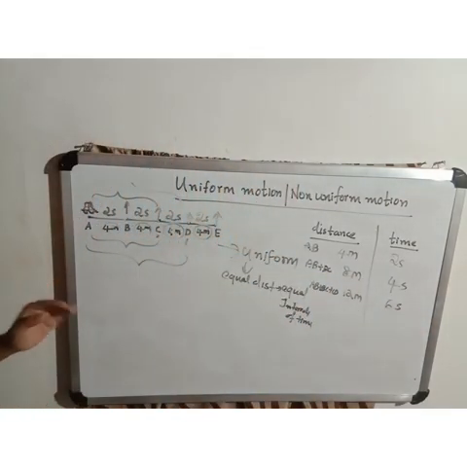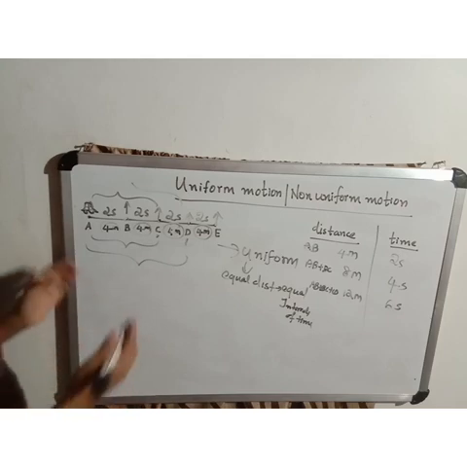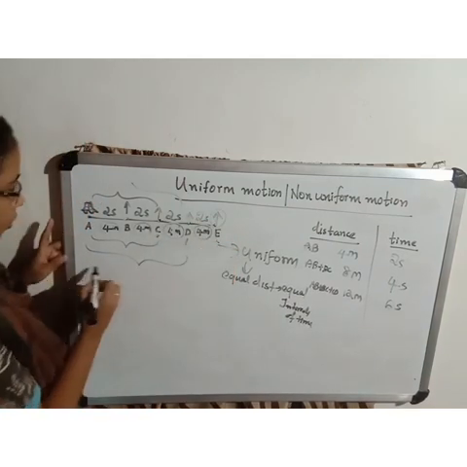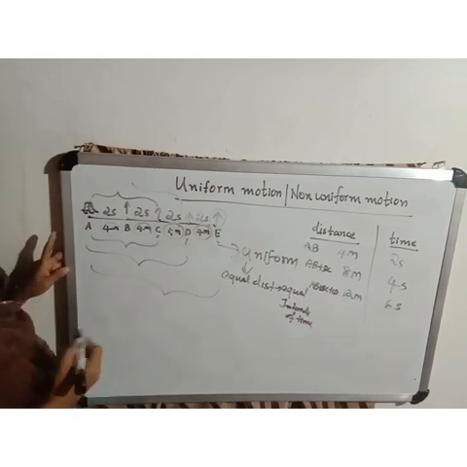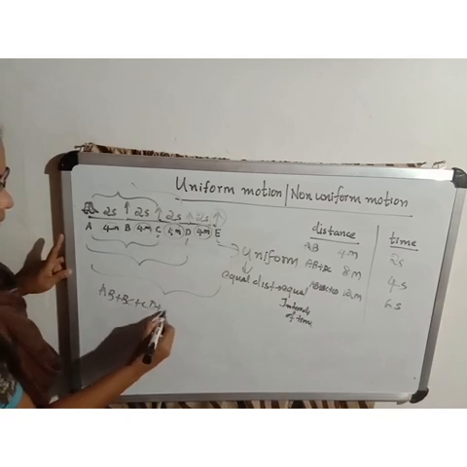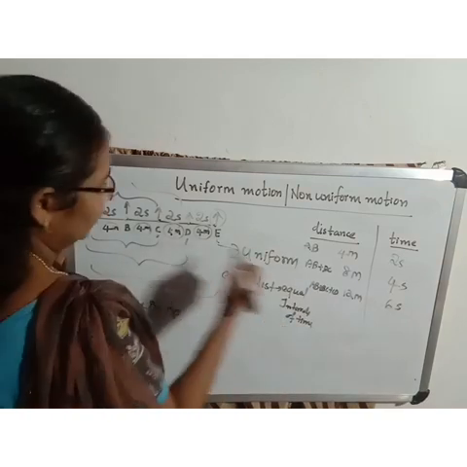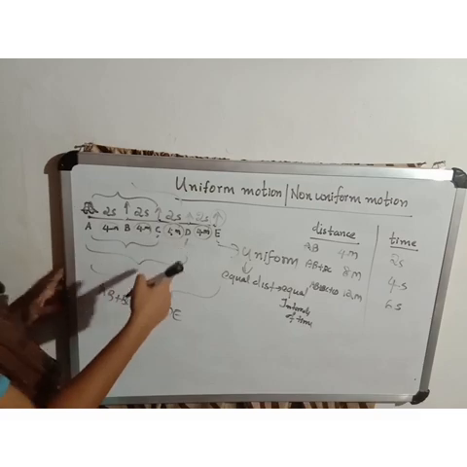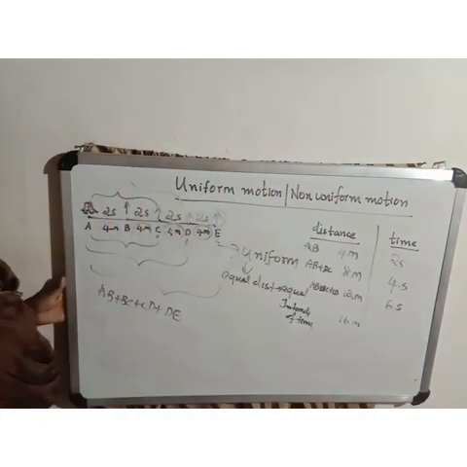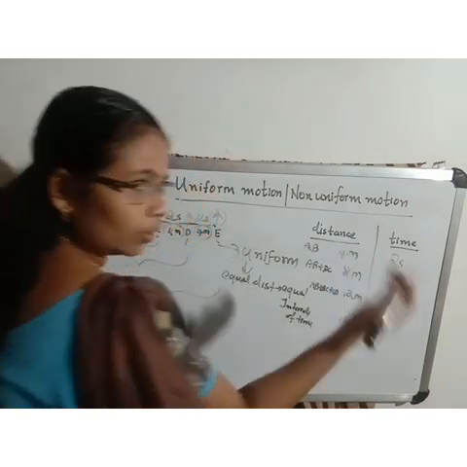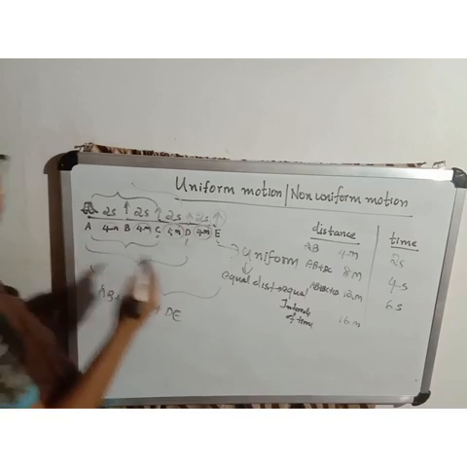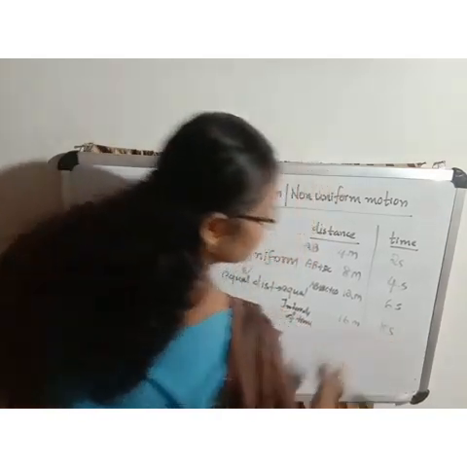At the next step, the body reaches the last point, which is E. So the total distance covered by the body is AB plus BC plus CD plus DE, which will be 16 meters, by taking a total time of 2 plus 2 plus 2 plus 2, so it will be 8 seconds.